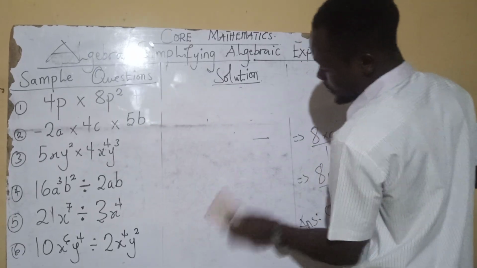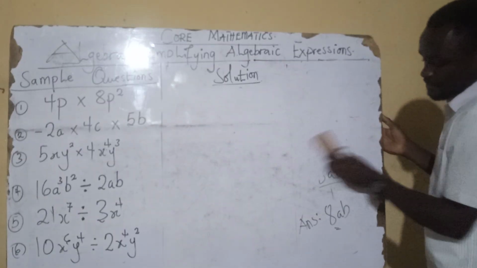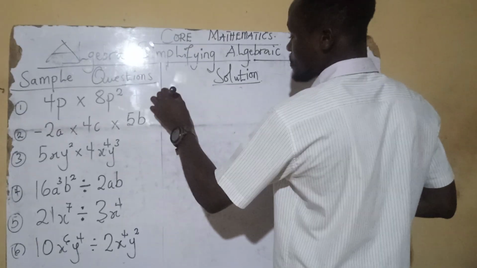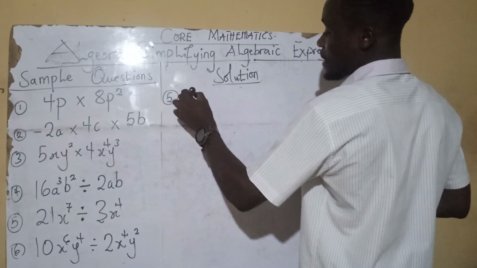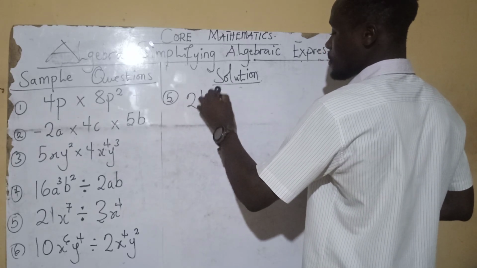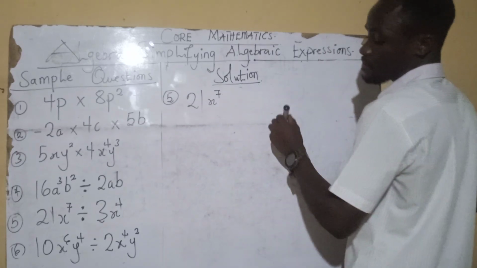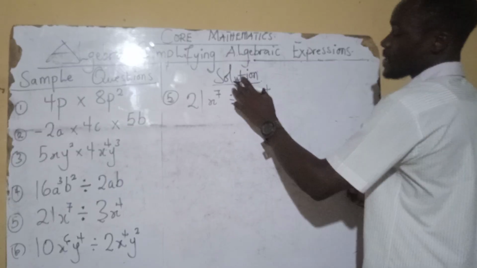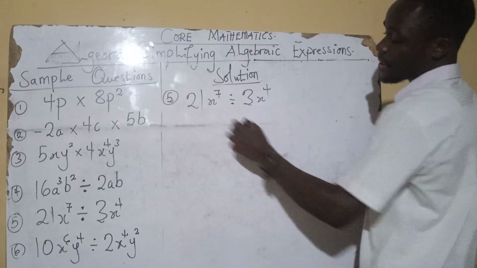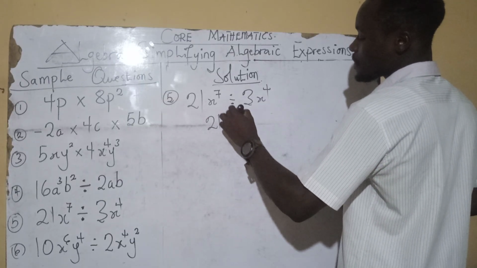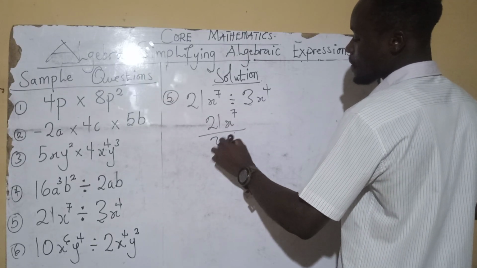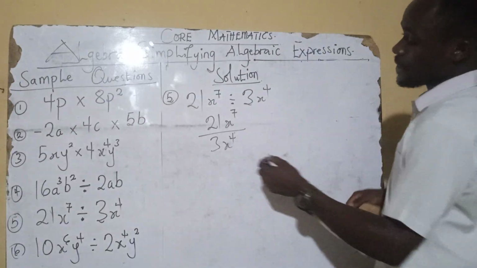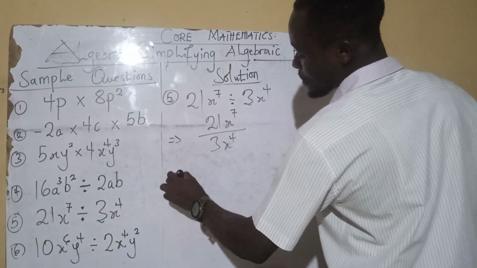Question number 5, I have 21x⁷ divided by 3x⁴. Remember, this mathematically can also be rewritten as 21x⁷ all over 3x⁴. Are you with me? Very good. So let's continue with the process.